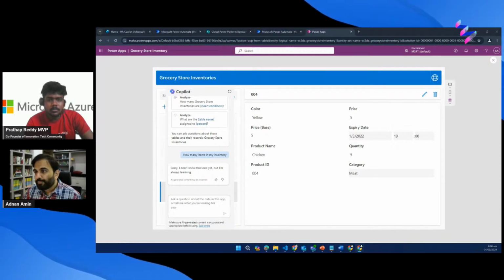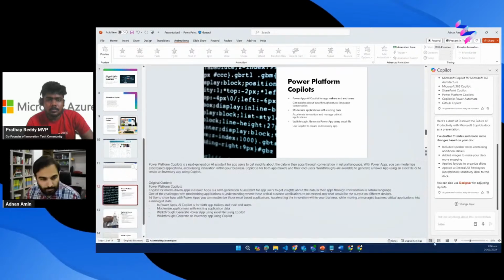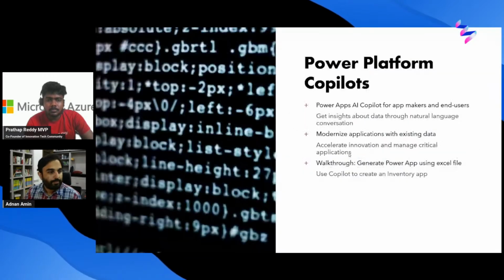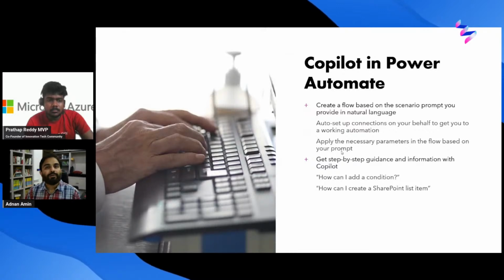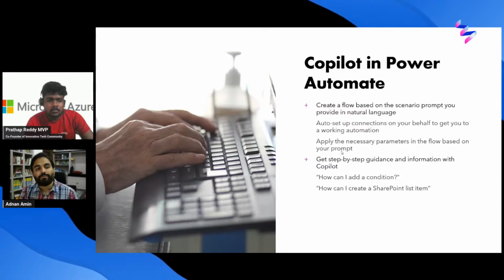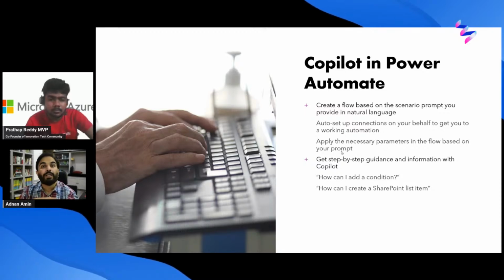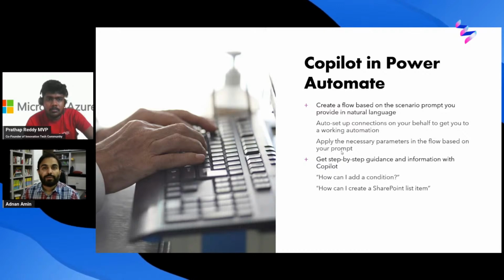Now, back to the slide. Copilot in Power Automate. Just like we have seen the Copilot in Power Apps, we also have Copilot in Power Automate, which makes it easier for us, with the help of natural language, to command it to create a specific scenario.